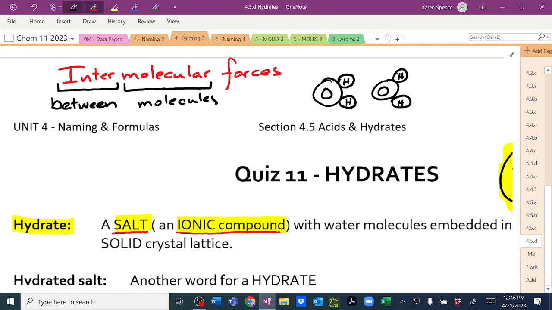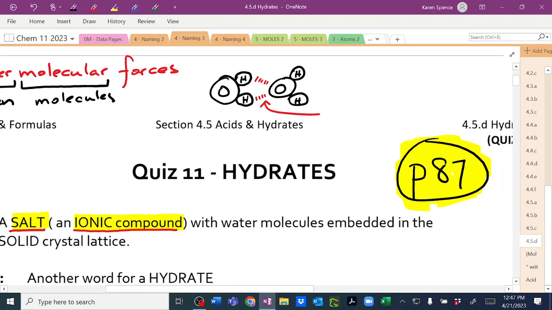There's a little space, but there are these forces between the water molecules that cause them to stick together. That's why water is a liquid. That's why you get a puddle of water, because the water molecules are sticking to each other. If they weren't stuck together, you would have a gas where they're all separate. So water molecules can stick to each other via these intermolecular forces.